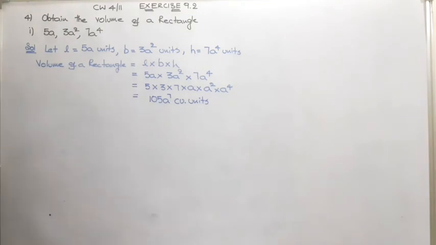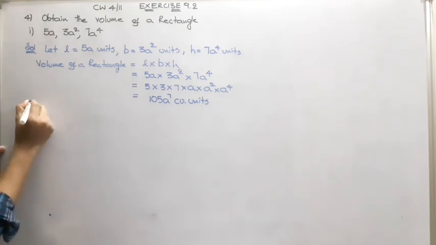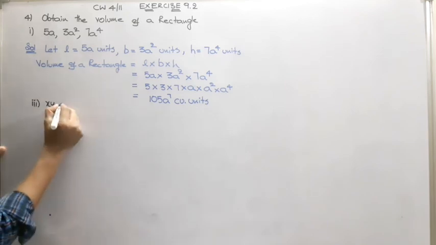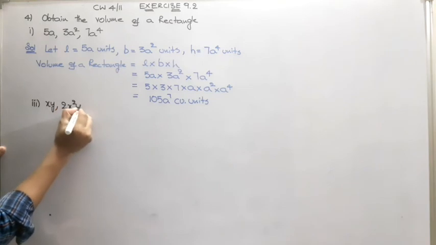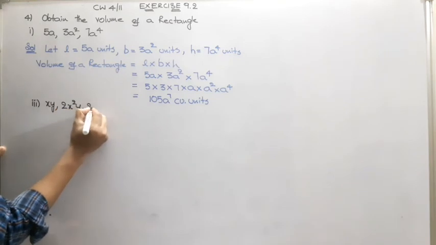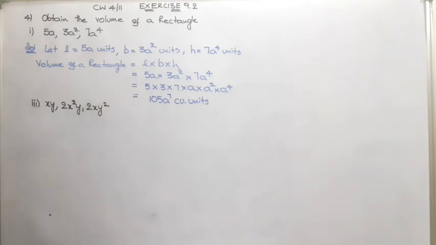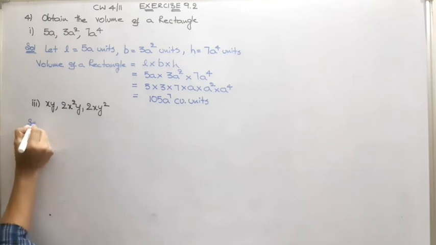Now I am going to do the third one. So the other three are going to be the homework. The given length is xy, 2x square y and 2xy square. So the same process as we did for the previous one.